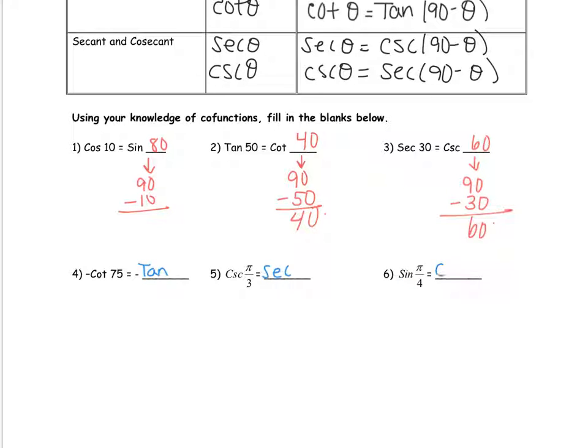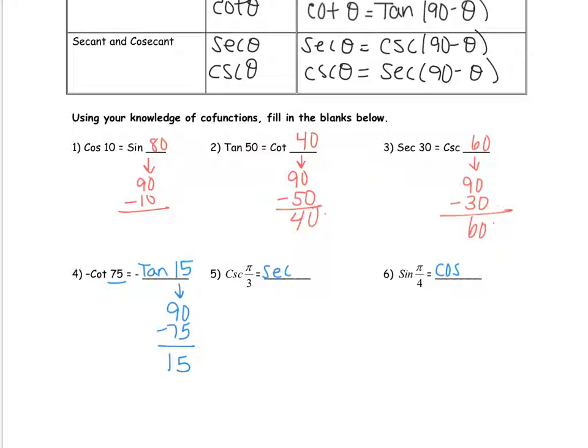You should be telling me cosine. So this example right here, number 4, says negative cotangent of 75. That's going to be equal to negative tangent of 15. How I got 15? I did 90 minus 75.